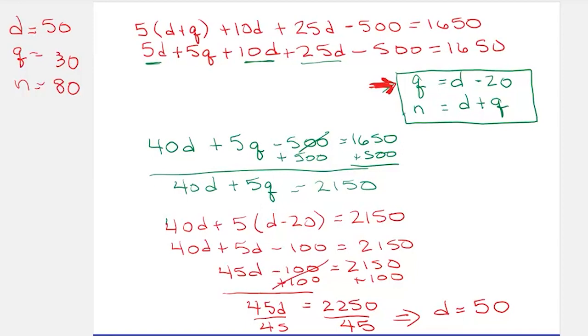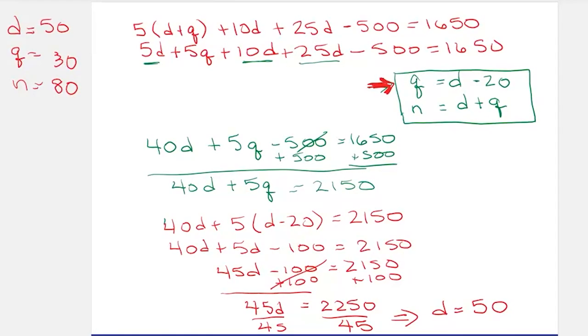And then what you can do is actually calculate this, just to make sure that it's correct. So we said D equals 50, Q equals 30, and N equals 80.